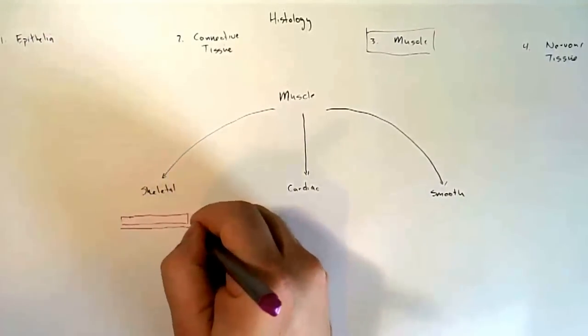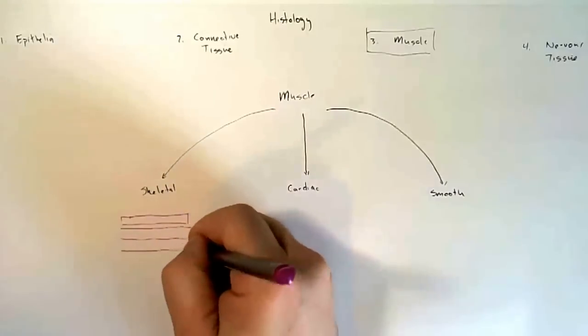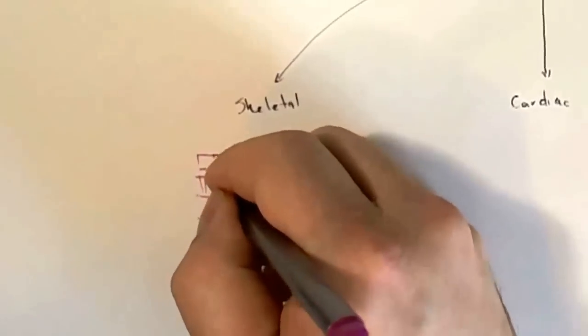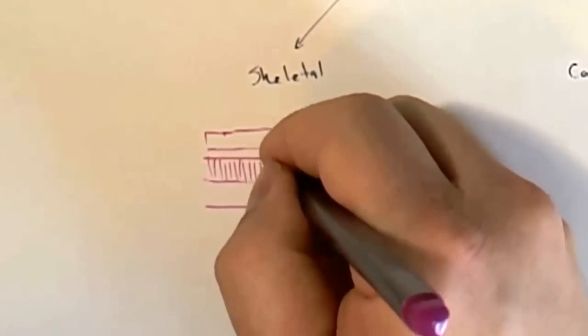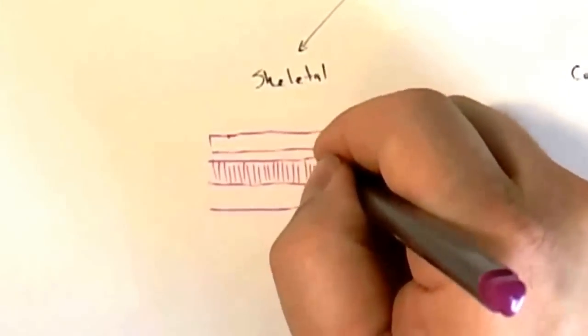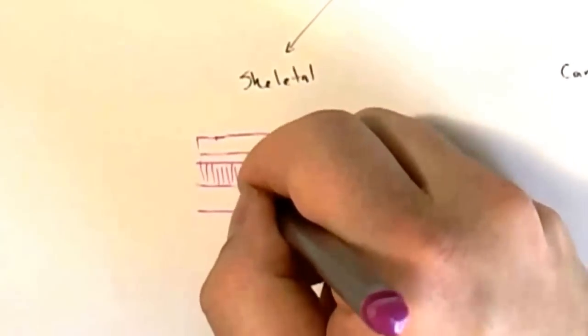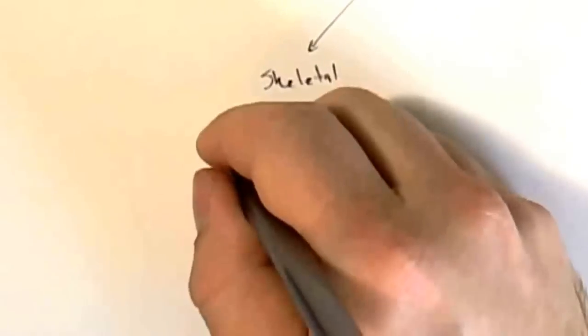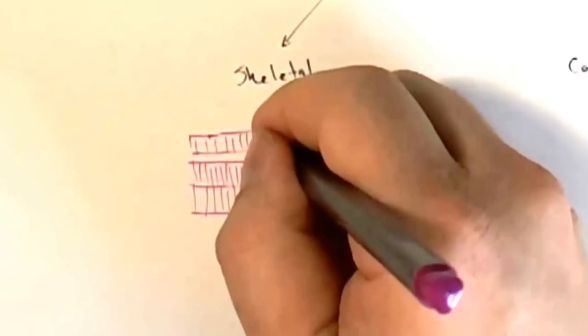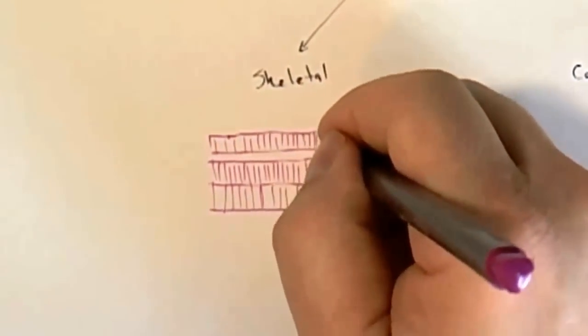You're just seeing very long pink columns. And you can kind of see some striations, some stripes. I'll show you real pictures, but I just want to get something on the paper. And we'll talk about these stripes when we get into muscle physiology.